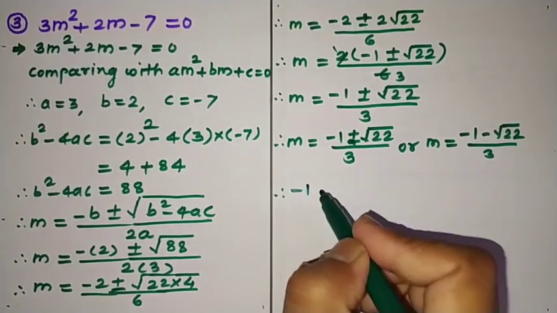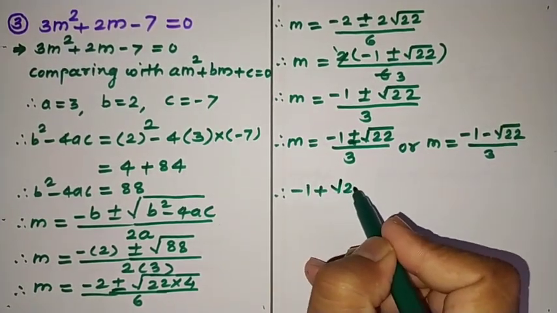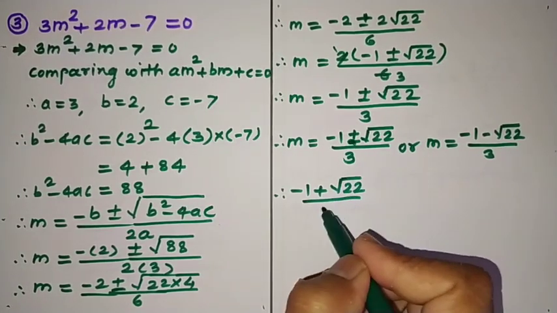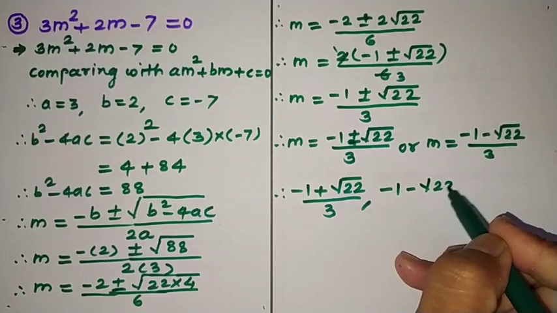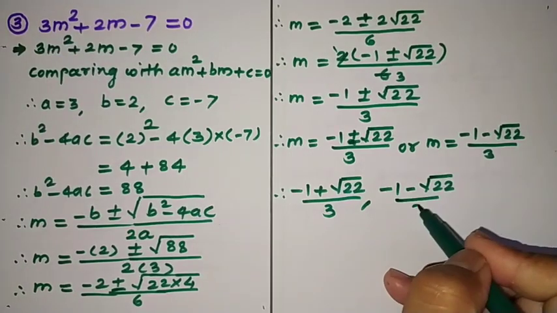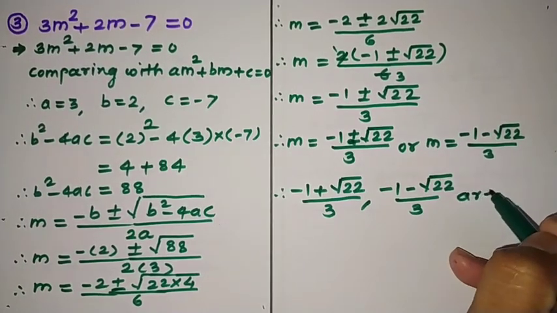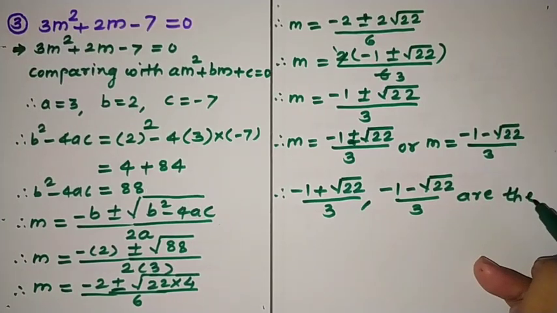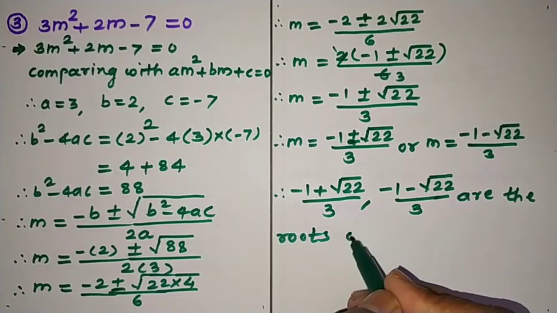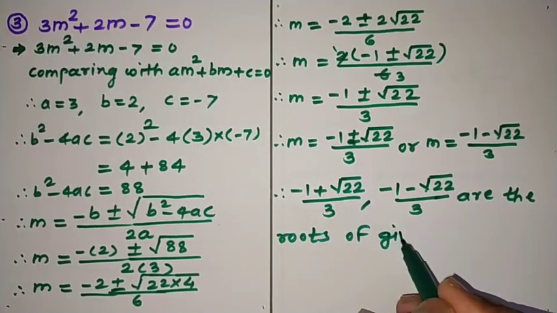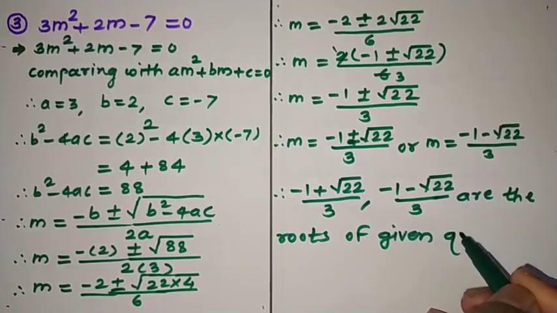Therefore, minus 1 plus root 22 upon 3 and minus 1 minus square root 22 upon 3 are the roots of the given quadratic equation.